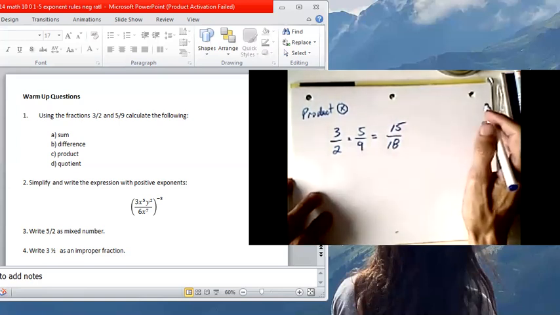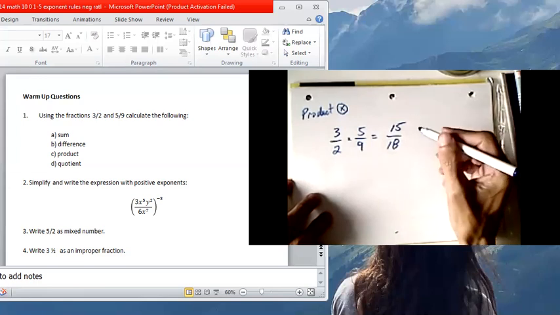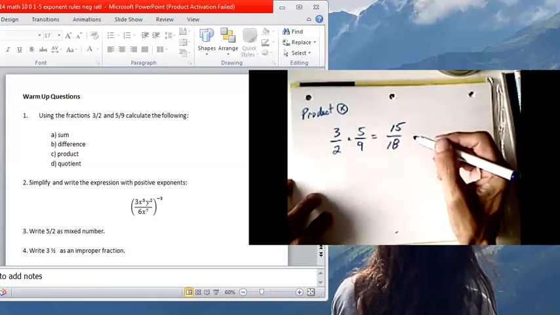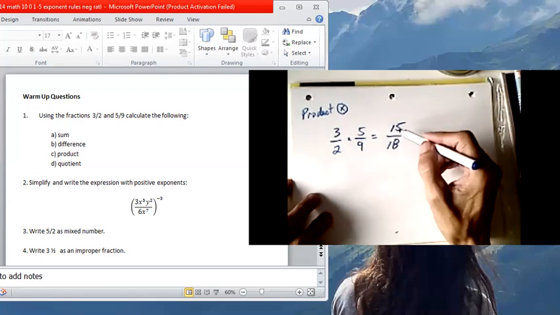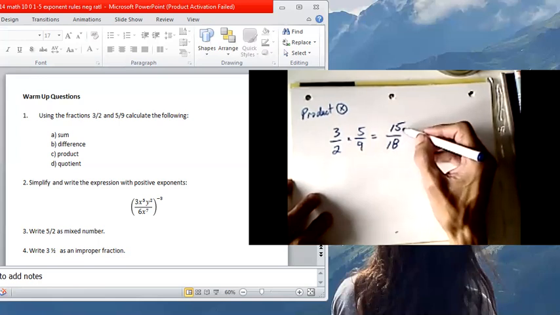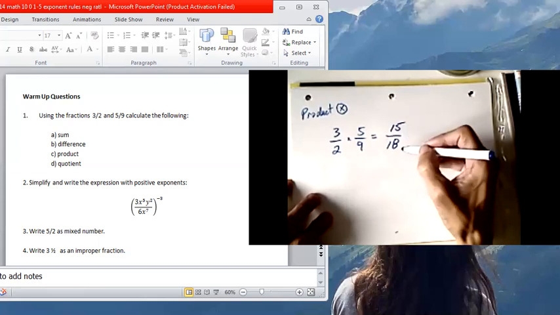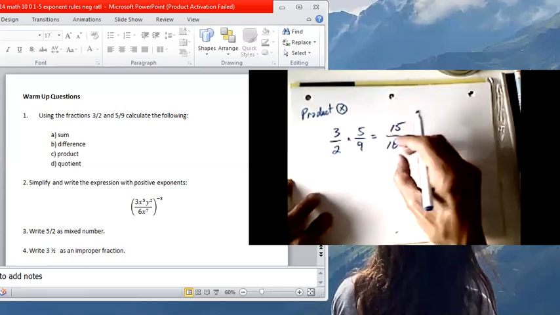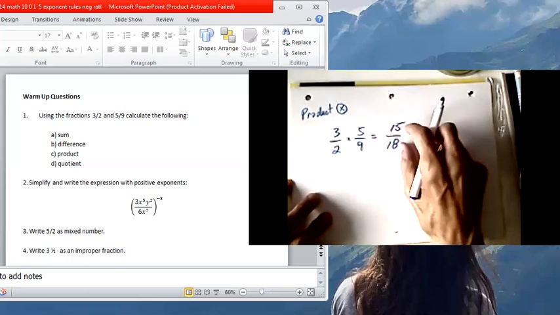Now, this might look like you're finished, but in fact, what you always want to do is reduce the fraction so that if there's a number that divides into both of these numbers, the numerator, the top, and the denominator, the bottom, then you do that just to get the numbers smaller.